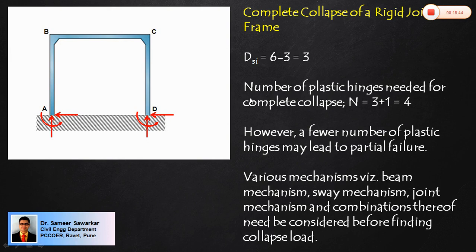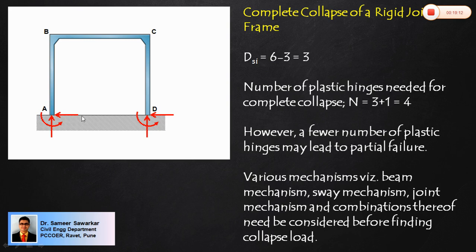Next on the agenda is complete collapse of a rigid jointed frame. Now when I say complete collapse, the discussion involves partial collapse as well as complete collapse. So please observe this typical frame which has a fixed support at A, fixed support at D, and then there is some loading here, because of which have been generated these 6 unknown reactions.